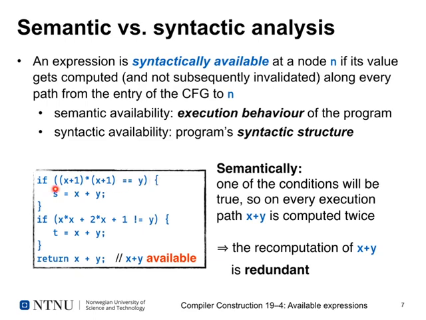Essentially what we're doing here is we're using two if conditions. The first one calculates the expression x plus 1 times x plus 1, so x plus 1 squared obviously, and compares this to y, and if this is equal to y, we assign x plus y to a variable s.